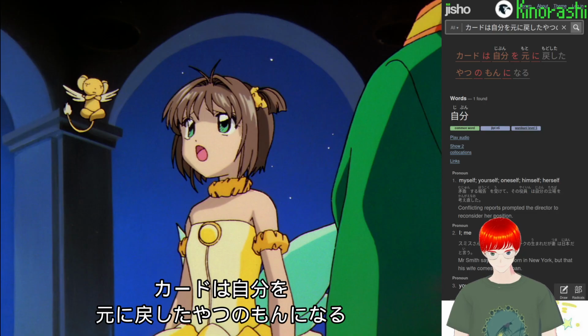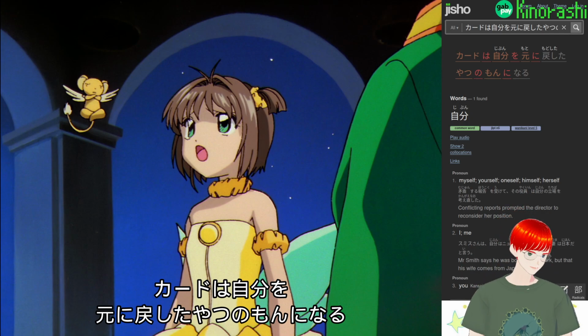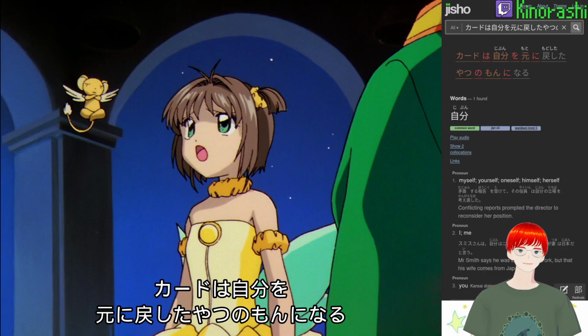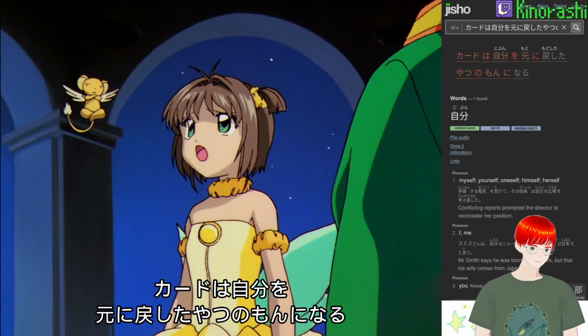The speaker is effectively voicing the card's own rule: the card will belong to the one who returns it to its original form. If the speaker were referring to the card purely as an object, they would use sore or repeat kado. The use of jibun confirms that the card is viewed as a sentient entity setting its own terms for ownership. So the correct interpretation: the card would belong to the one who returns it itself to its original form.